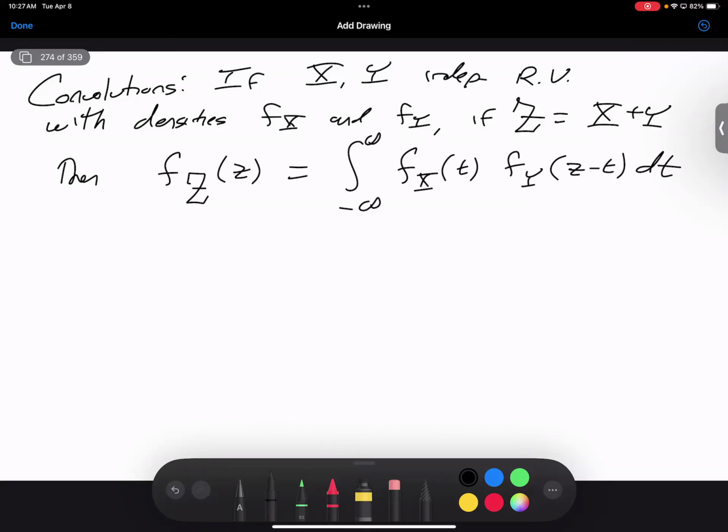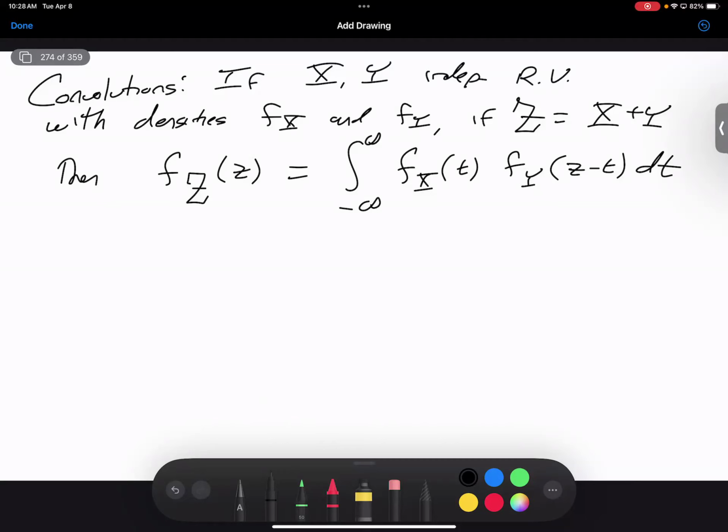If you think about it, if I want X plus Y to be equal to z, and X equals 5, then Y has to be z minus 5. If X equals 8, then Y has to be z minus 8. So in general, if X equals t, then Y has to be z minus t. I could use the letter x rather than the letter t, but that puts extra special emphasis on x, so I'm just using the variable t.